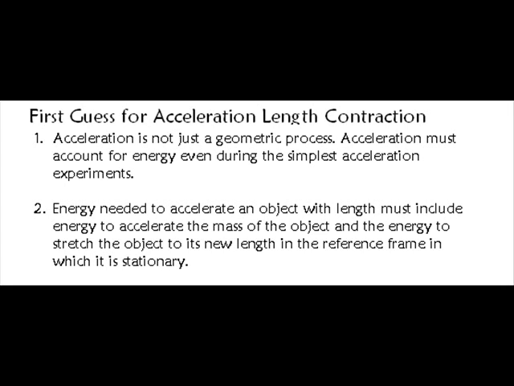Acceleration is not just a geometric process. Somehow, energy has crept into the model and must be accounted for. This energy needed to accelerate an object apparently includes not only the energy to accelerate the mass of the object, but the energy necessary to stretch the object as shown previously.